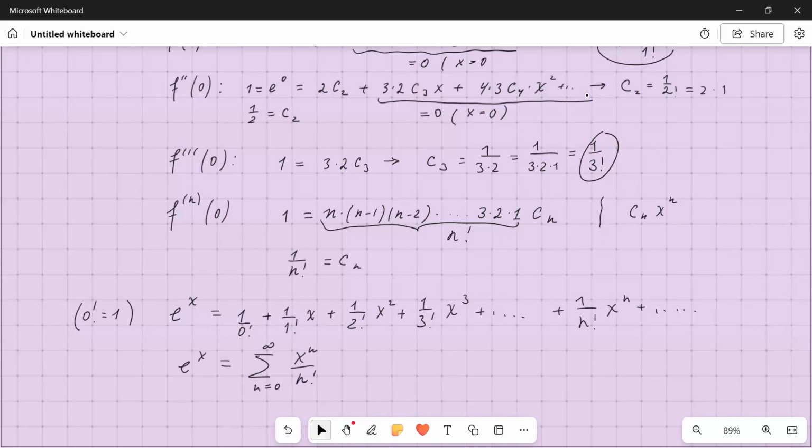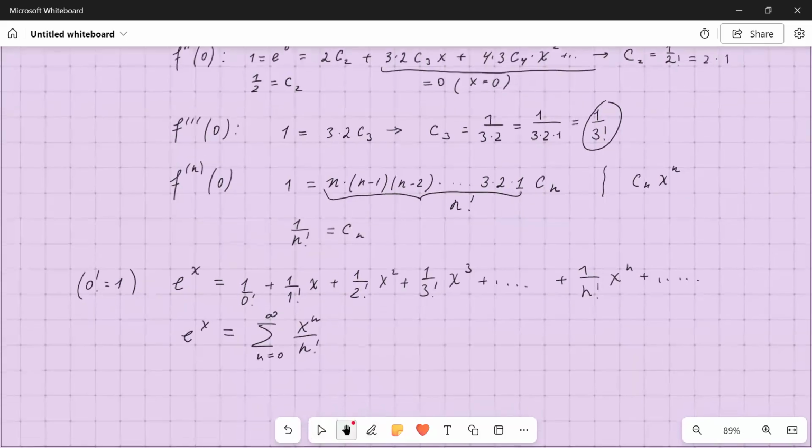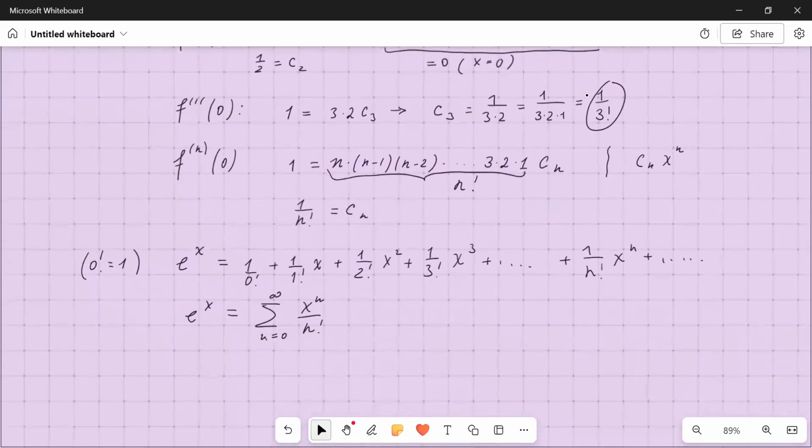We got a series for the exponential function. Very nice. I'm going to investigate this series a little bit, like how convergent it is and everything else about it, because I'll need to know how this series is going to behave.